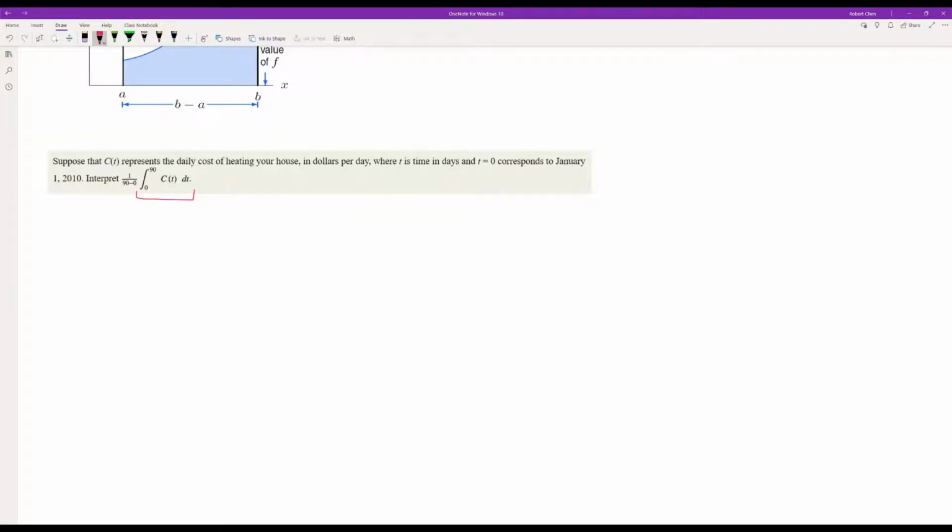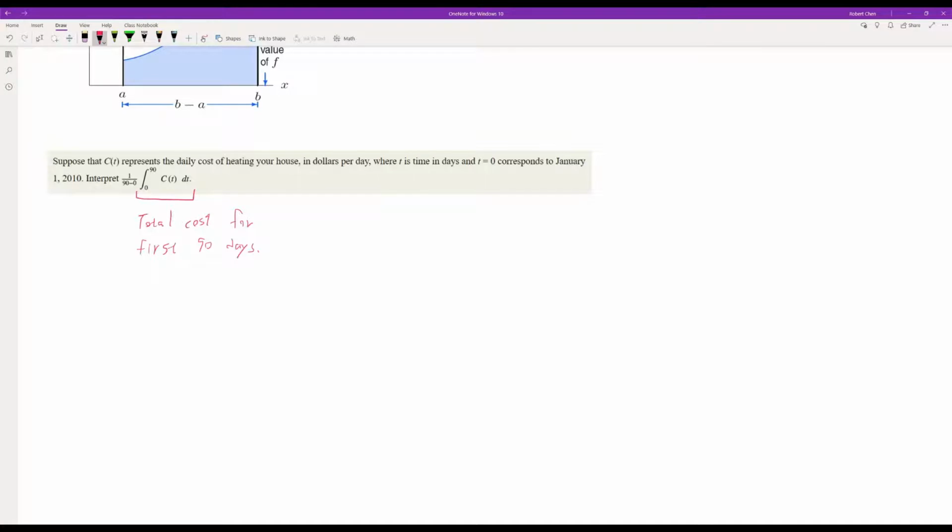That's the total cost of heating for the first 90 days of the year, because we're adding up our daily cost for 90 days.